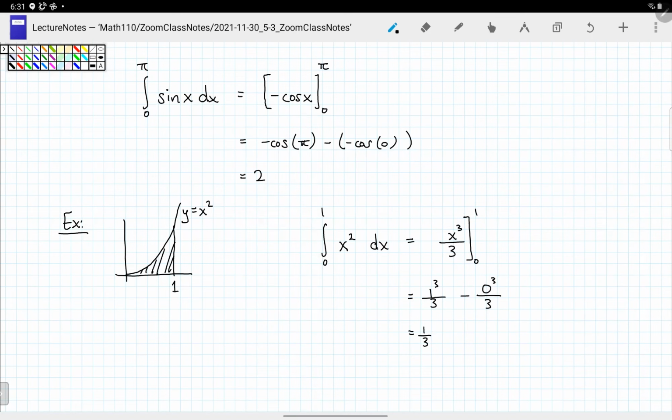And if you look back at the work that we did, we basically did this with Riemann sums, then you'll see that we found a limit that was fairly close to 1/3, or we got approximations that became pretty close to 1/3. Okay, so there we go. That's how to use the fundamental theorem of calculus.